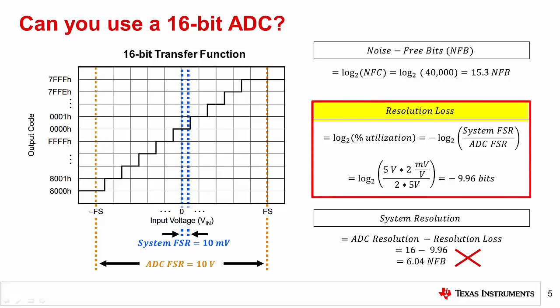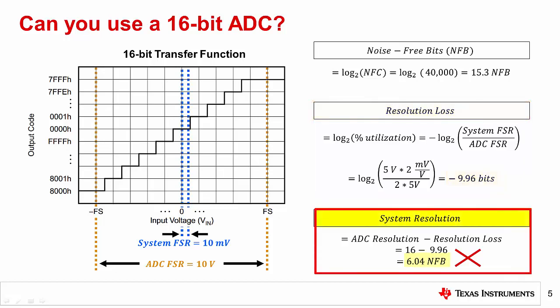Using the resolution loss equation shown here, and assuming the input referred noise is absolute, you'll find that you lose almost 10 bits of resolution by only utilizing 0.1% of the available full-scale range. That leaves you with only 6 bits of noise-free resolution using a 16-bit ADC, far below the target of 15.3.